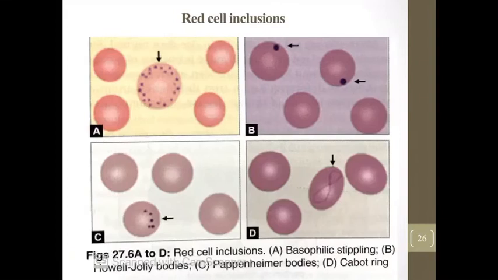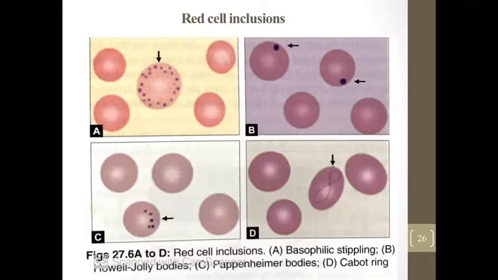Now inclusions. What inclusions can we see? First is basophilic stippling, seen in megaloblastic anemia and also in lead poisoning. Howell-Jolly body is also seen in megaloblastic anemia and post-splenectomy.